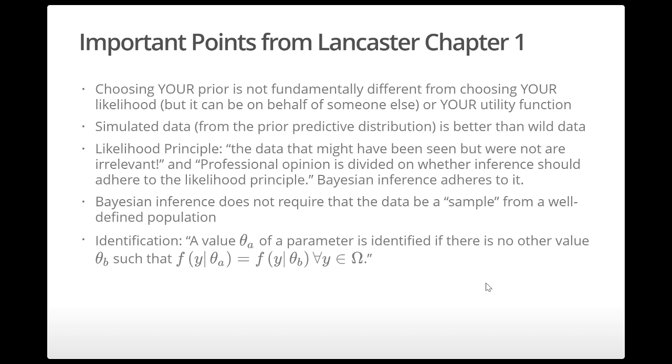It's also not fundamentally different from choosing your utility function. So Fisher and people like him got all upset about the prior being subjective. One person could make a different choice than somebody else. But if we're going to use the results to make decisions, then we're also going to have to bring in a utility function, and that too is something that one person could subjectively choose in a different way than another person.